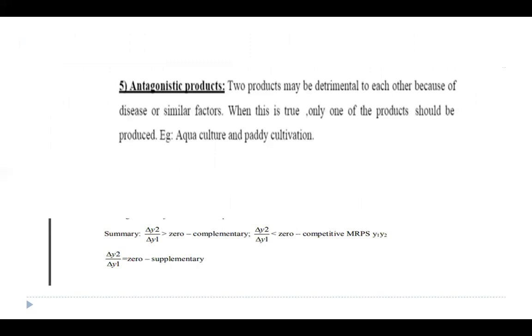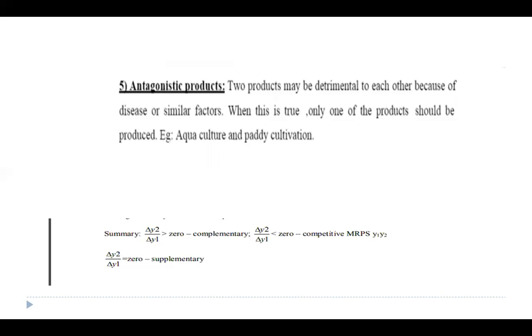antagonistic product. Means what? Two products may be detrimental to each other because of disease or a similar factor. When this is true, only one of the products should be produced. For example, aquaculture and paddy cultivation.